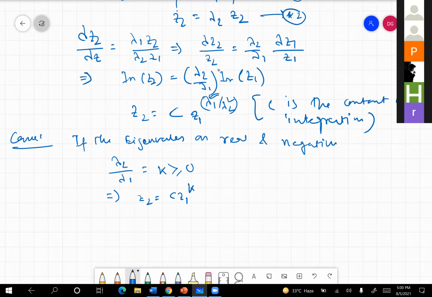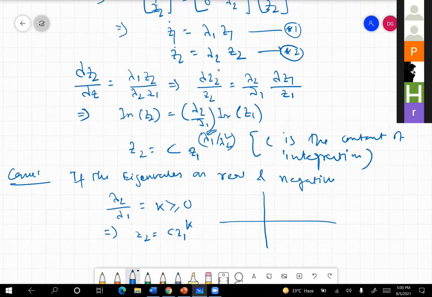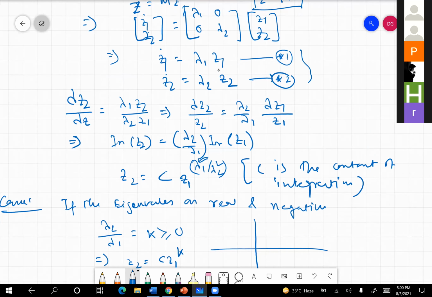But please remember lambda 1 and lambda 2 are negative eigenvalues. If you look at this two-state system, we can easily see that the equilibrium point is 0 0. If we put this equal to 0 and this equal to 0, we have z1 equal to 0 and z2 equal to 0.